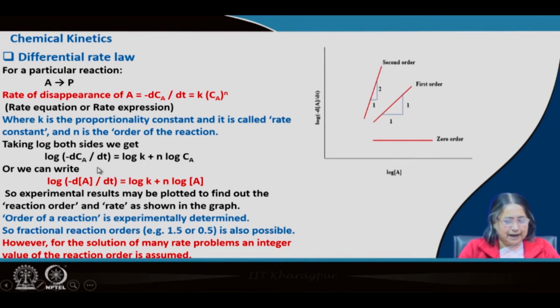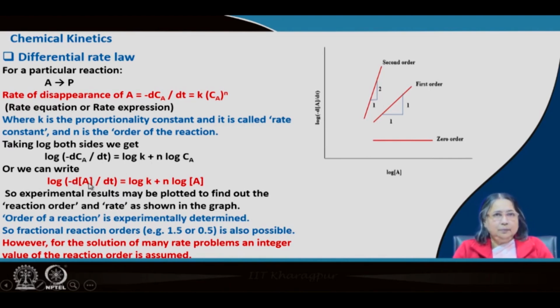Or you can write the concentration term in this way also, as I have just explained. Now, by experiment you can determine the value of log(-dA/dt), minus because A is the reagent.